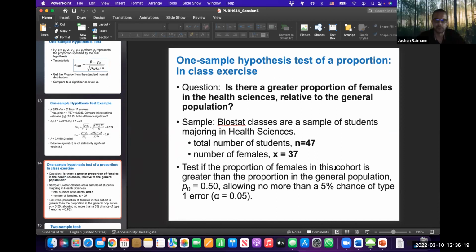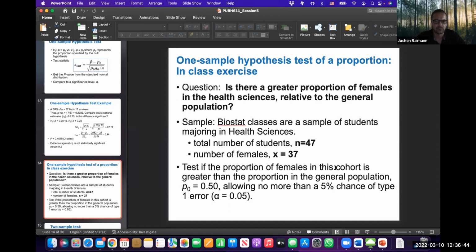Okay. Is there a greater proportion of females in the health sciences relative to the general population? So biostats classes are essentially a sample of students majoring in health sciences, number of females, X equals 37. Now, if you want to calculate the proportion from that, you need to calculate the proportion of females from the overall number of students, right? So you have 37 out of 47.